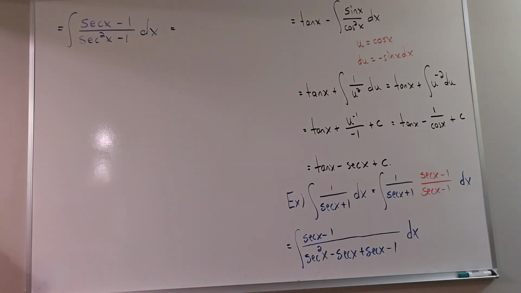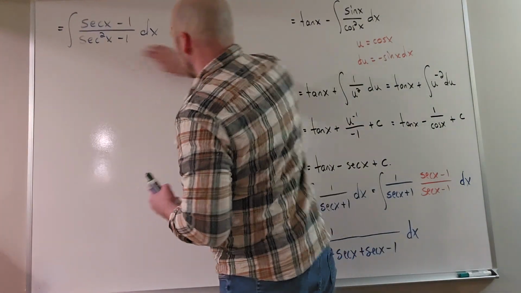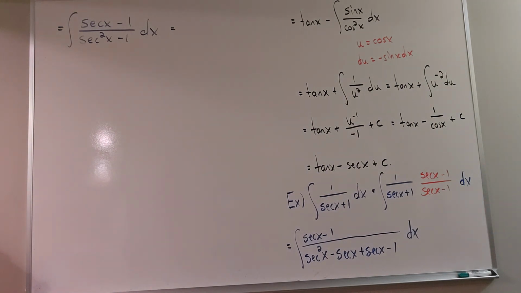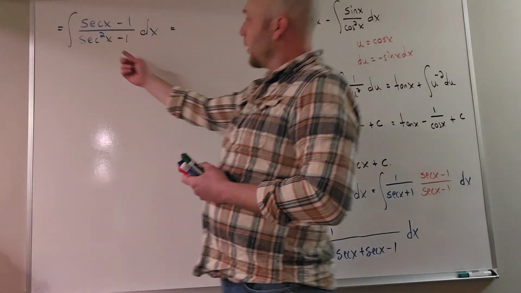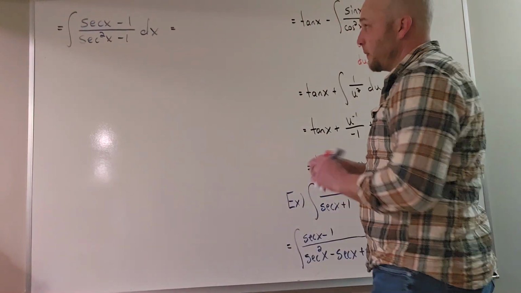Okay, so this simplifies to secant minus 1 over secant squared minus 1. And remember that secant squared minus 1, again, is one of our Pythagorean identities. That's equal to the tangent squared.